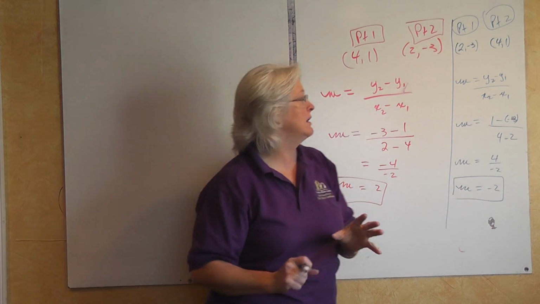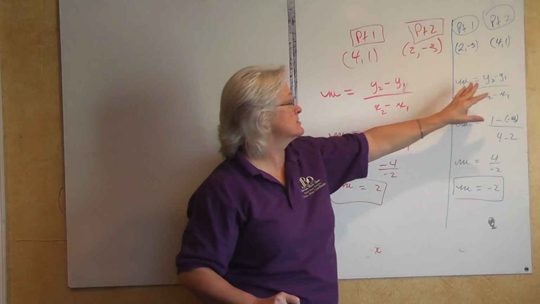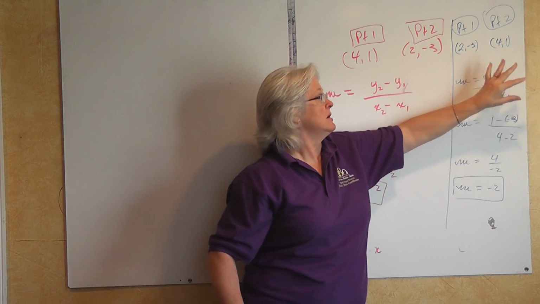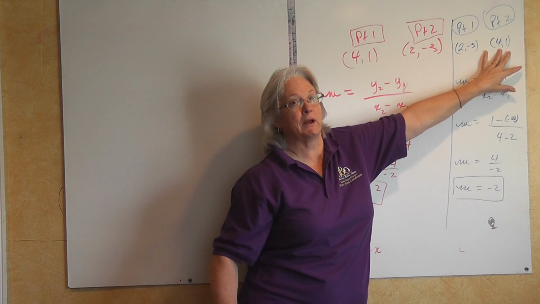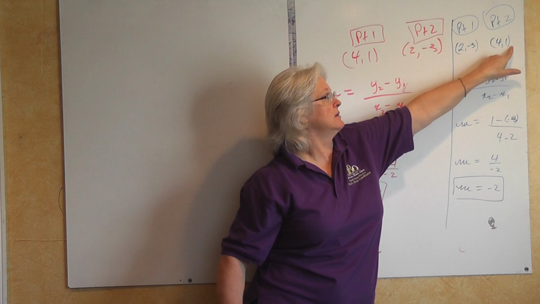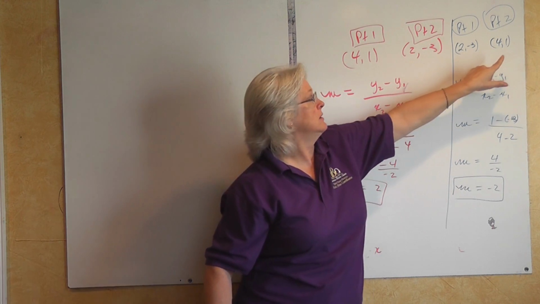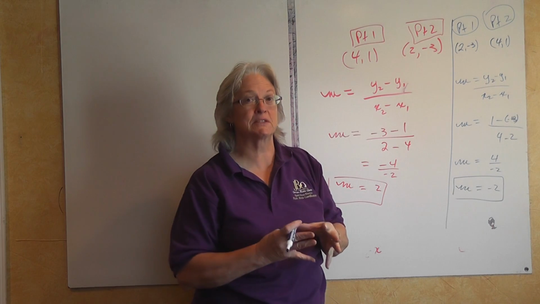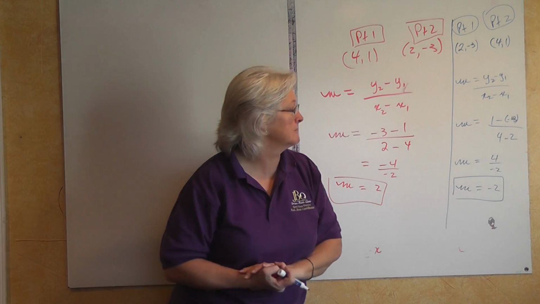You can't switch them around. You have to be consistent: this is the second value of my y coordinate, so this has to be the second value of my x coordinate. They have to both come from the same point. You understand what I'm saying?